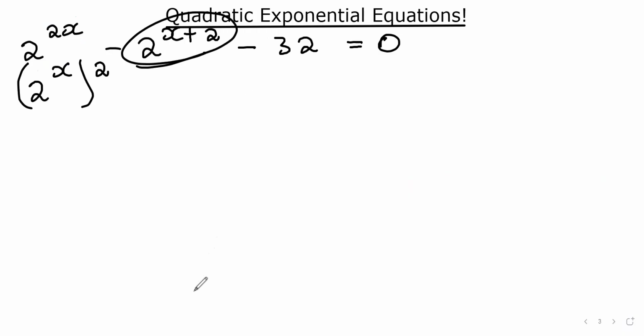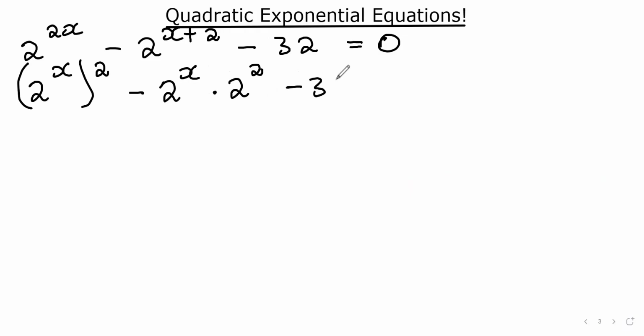Now, when we come to this middle term, we are going to break it down, or rather we reverse the first law of exponents. So then we have 2 to the x there, and then we say times 2 squared, and then we say minus 32, and this is equal to 0.